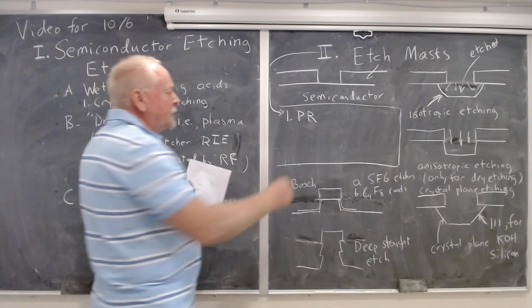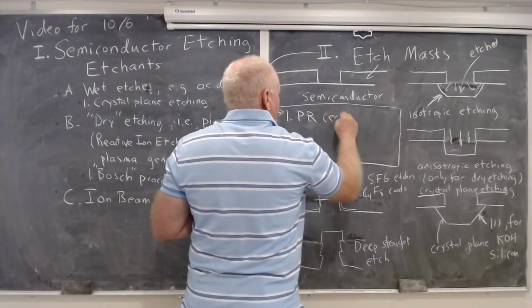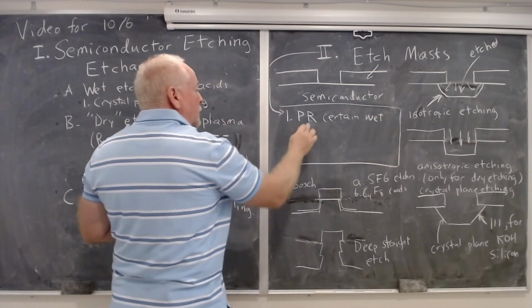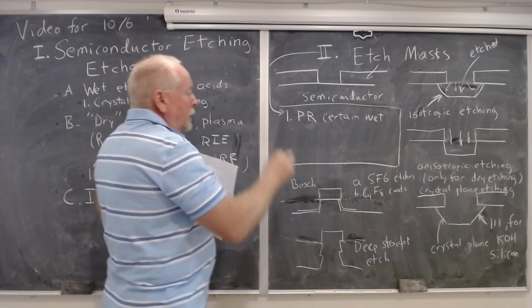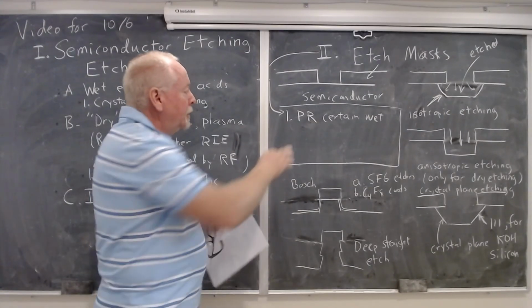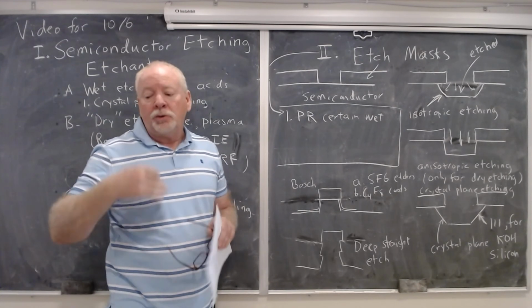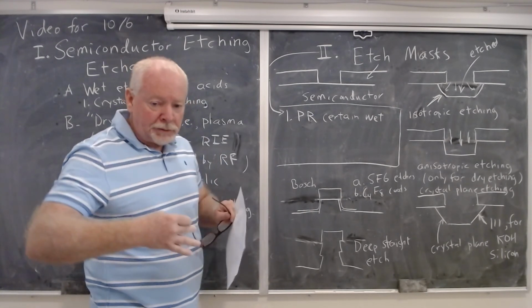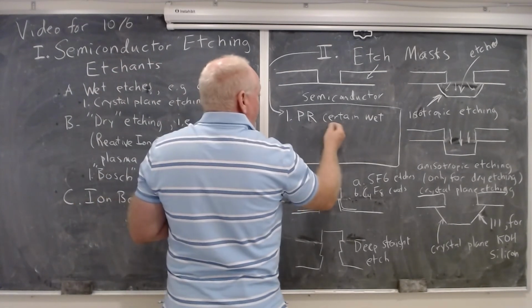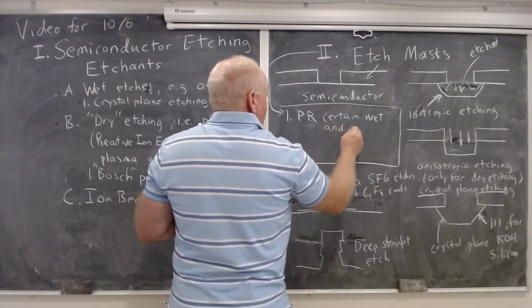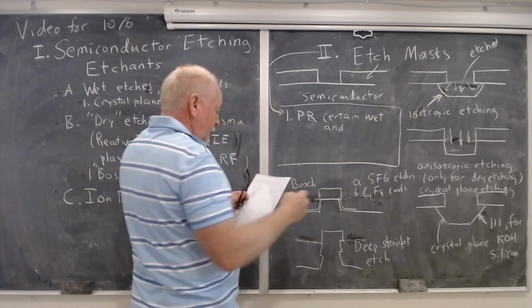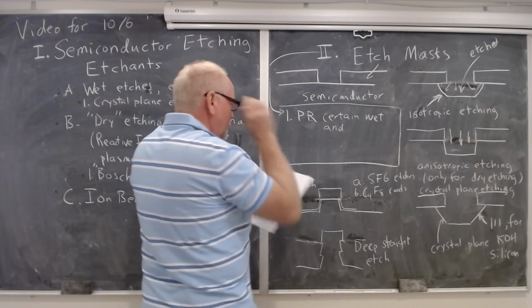Now photoresist is good for certain wet etches, not all. Now, getting back to the quiz, for liftoff you don't do a hard bake, but when you use it for an etch mask, you do use a hard bake to make it sort of stronger and more resistant to the etch. For certain wet and there's 2 basically that you can use.